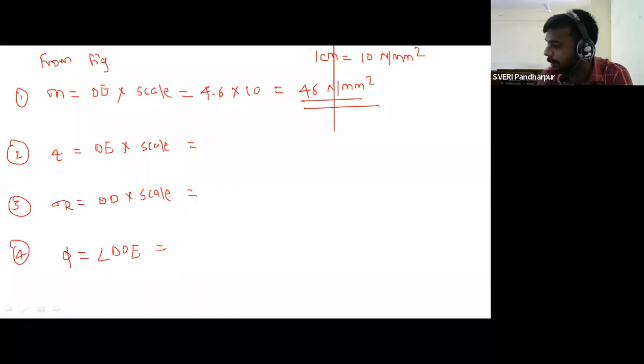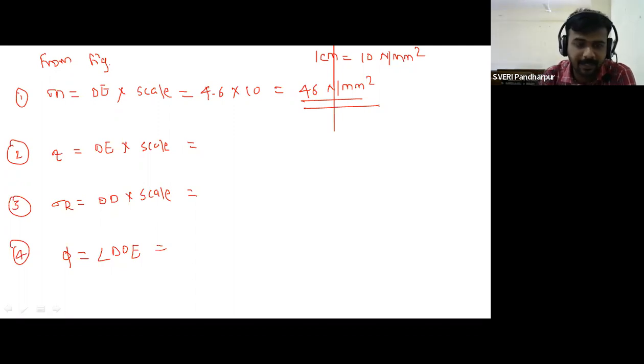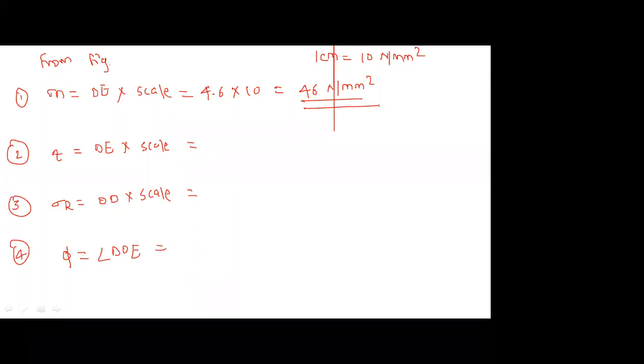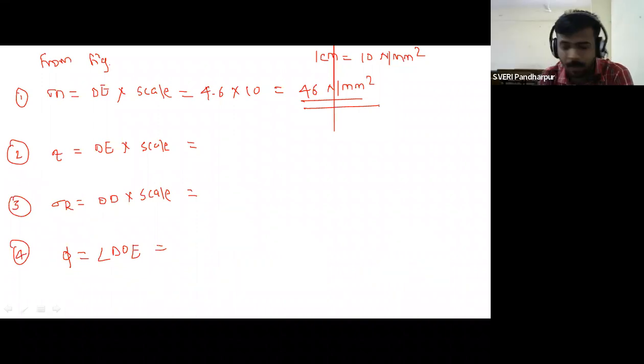Then DE distance, represent D to E. How much? 4.3. Okay. Any other answer? 4.3, 4.4, 4.2. So the variation is there from 4.2 to 4.4. Some of you got the 4.2, some 4.3, some 4.4.